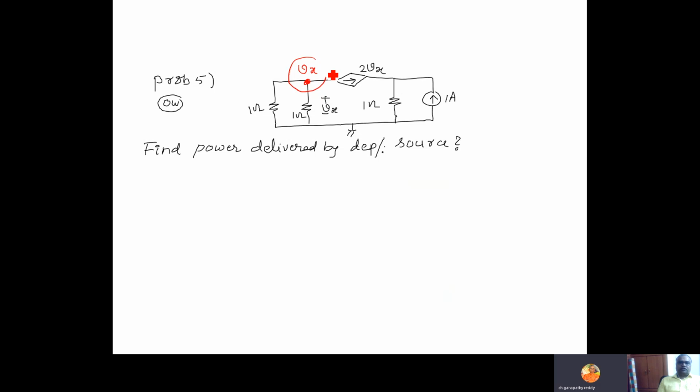And straight away write nodal. Assume this current entering, this current leaving, this current already leaving. So using nodal, or you can also assume all three leaving. So assume all three leaving.